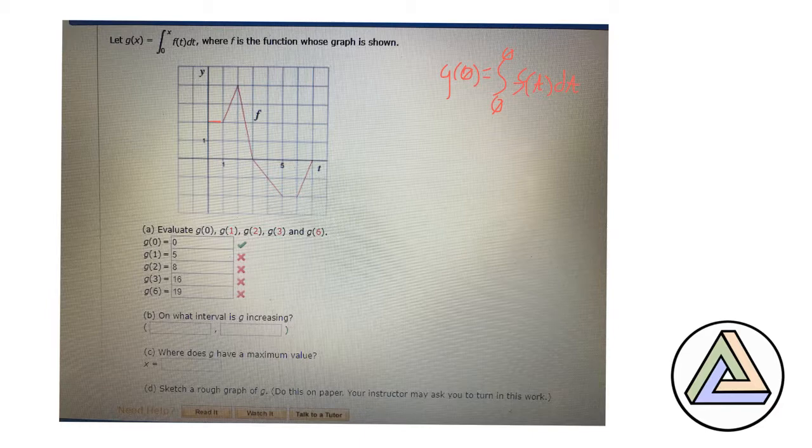If you're calculating the area under the curve from 0 to 0, of course that's going to be 0, because the range is 0 to 0. So there is no area under the curve from 0 to 0 because there is literally no graph between 0 and 0. Okay, if that makes any sense.